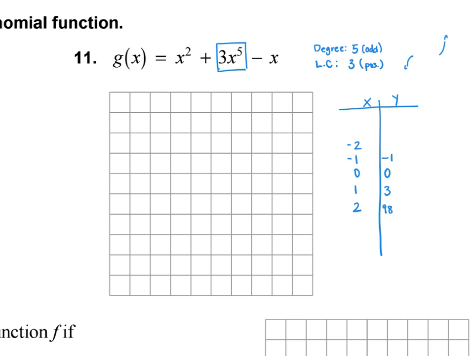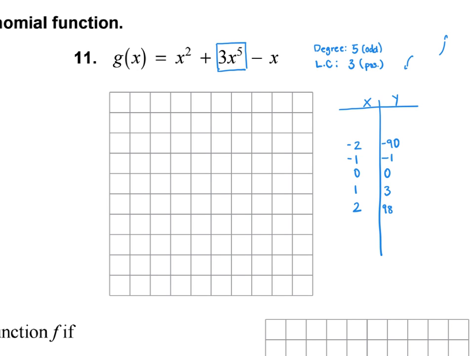Negative 2 to the 5th power is negative 32 times 3 is negative 96. Negative 96 plus 4 is negative 92. Negative 92 minus a negative 2 is negative 90.